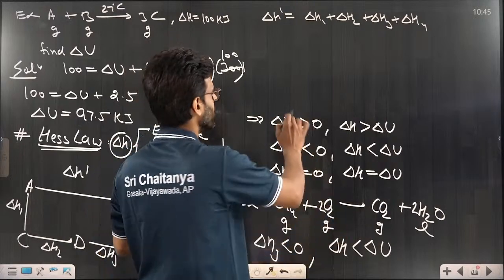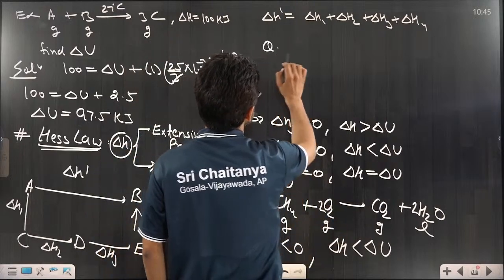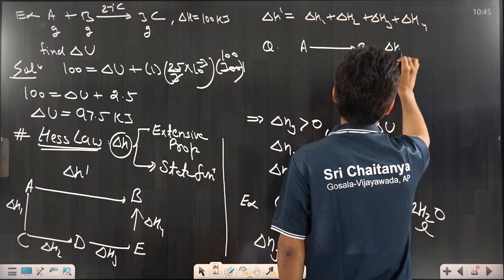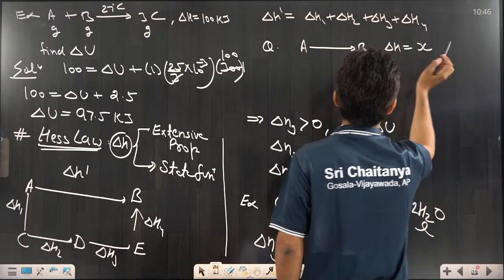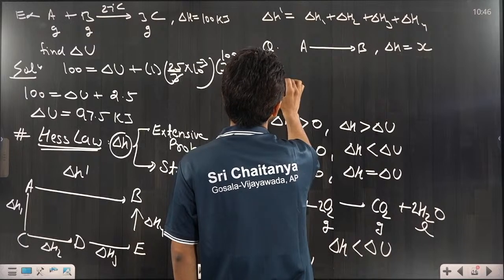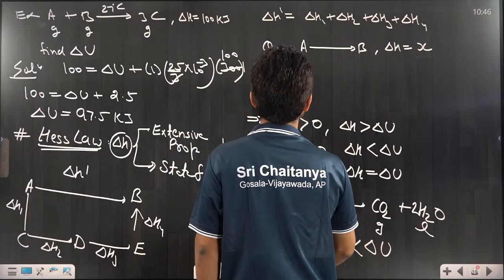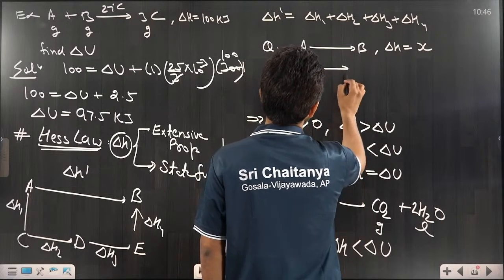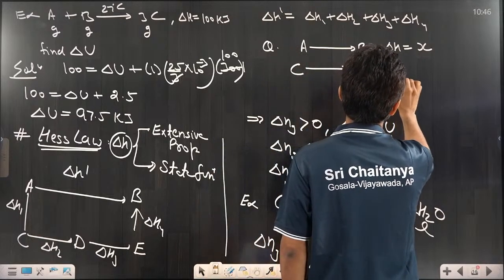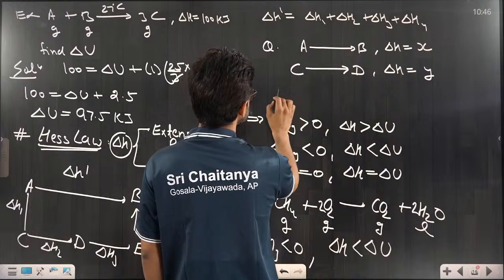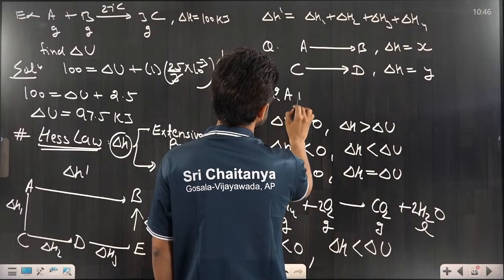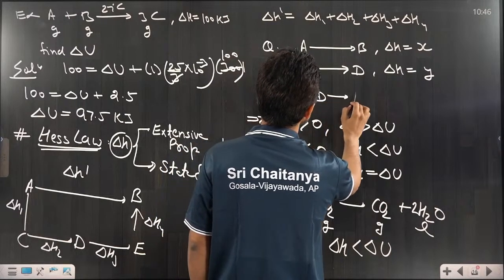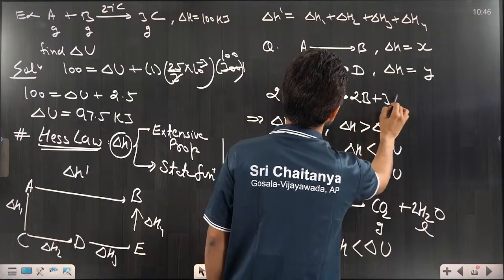Clear? So if I'm writing a question here, imagine A to B, the delta H value is X, and B to C, or imagine C to D, and here the delta H value is Y. By using these two equations, I want to find this one: 2A plus 3D making 2B and 3C.